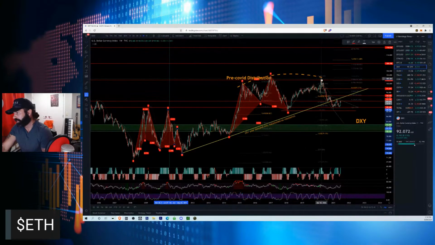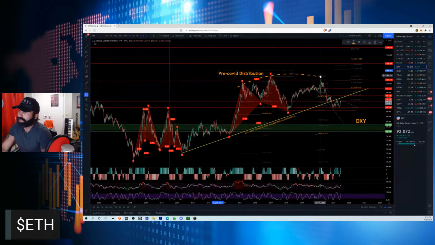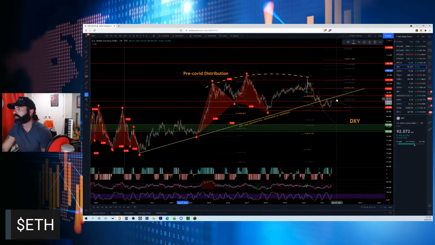And this is after this peak up here, which is COVID. And since then, we came down. We tried to test it again as support. We failed. We fell down underneath it. But not only that, we popped back up and back tested it as resistance. And that's March 22nd, 2021.